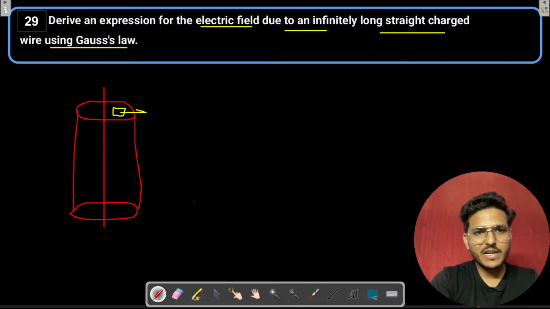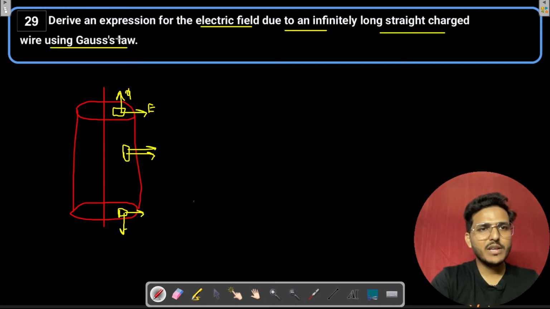Here, the direction of electric field intensity is in this way, and the direction of surface vector is just like this. Similarly, here also electric field intensity is in this way and direction of area vector in this way, but at the third position the direction of electric field intensity and the direction of the area vector both are parallel.